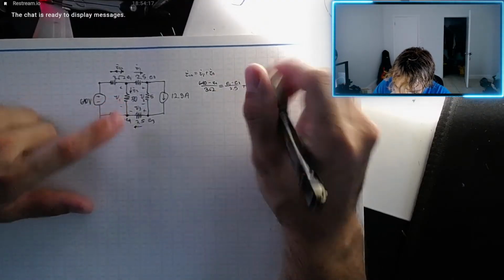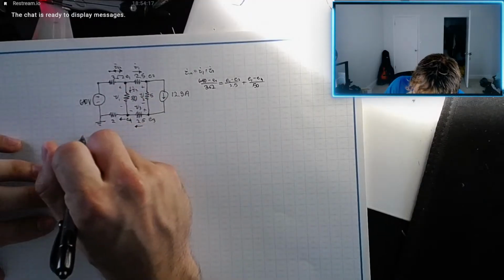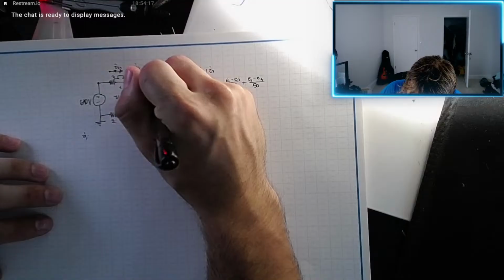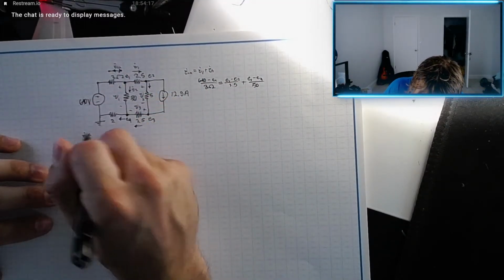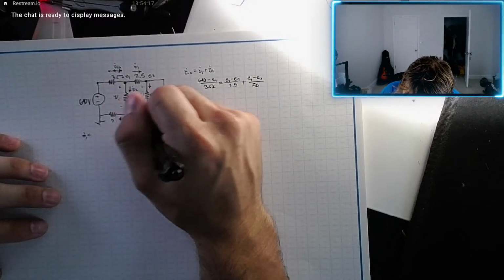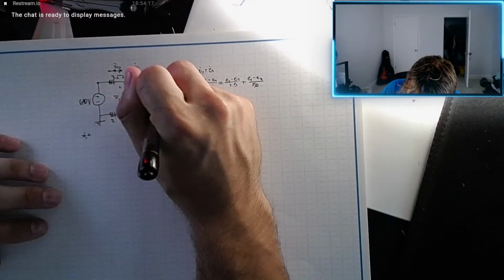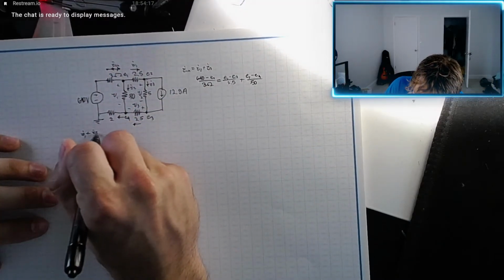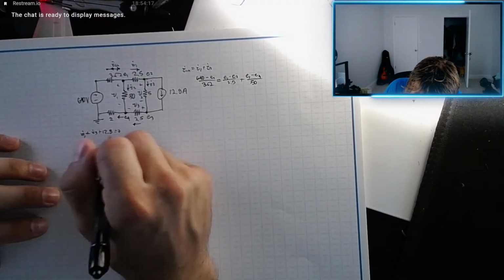50 ohms. Alright, yep, that's one of our equations. Everything's going out: I1 plus I2, I3, and, okay, so I1 plus I3 plus 12.8 equals 0.